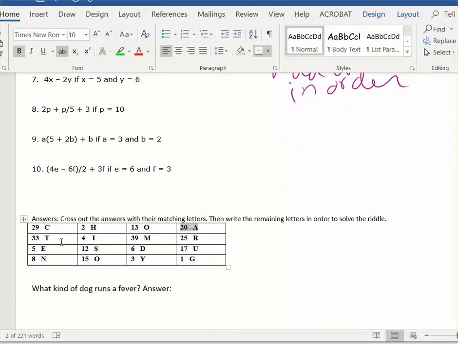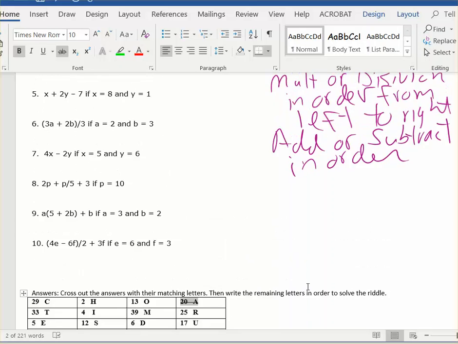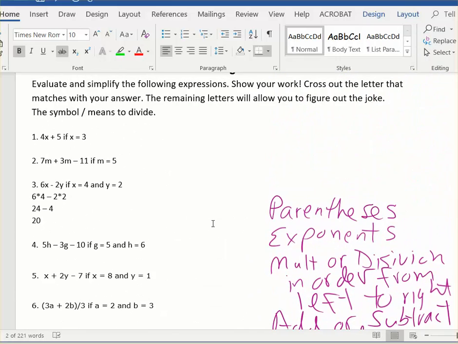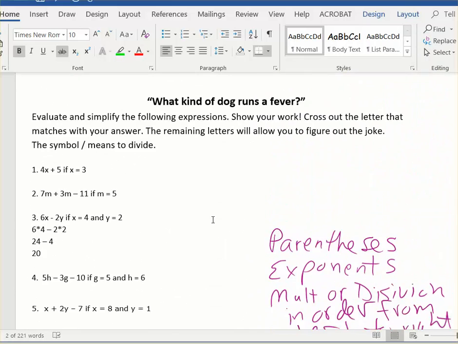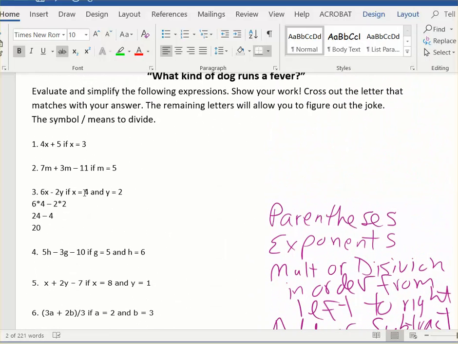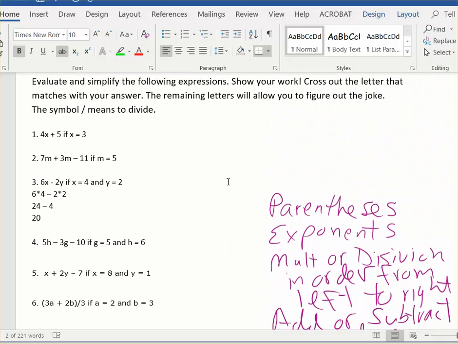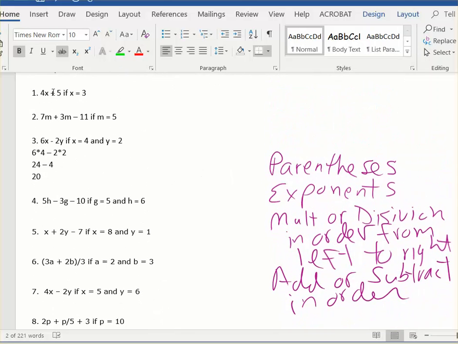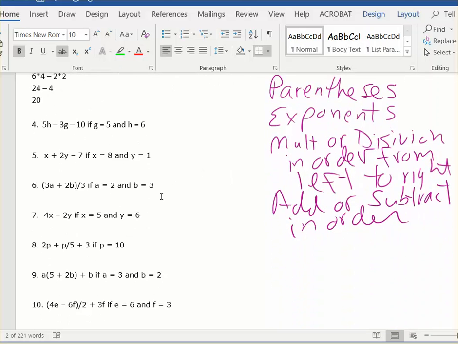When you're all done, there'll be so many letters left that when you write down in order those letters, it will spell something, a couple different words, and then you'll be able to answer the question, what kind of dog runs a fever? So you do need to solve these problems and show your work. You can't just write the answer to the riddle. The points is for doing the work and showing your work.